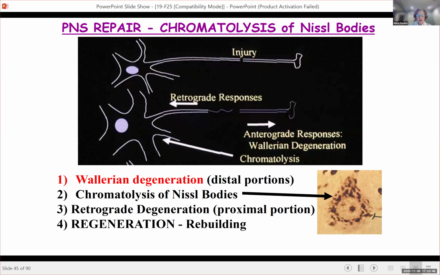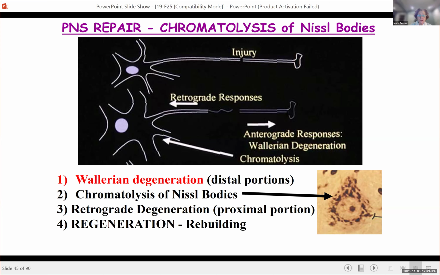There are also signals that come from the proximal stump and are sent to the cell body. And what happens at the cell body is a phenomenon known as chromatolysis. What is chromatolysis? Chromatolysis is the dispersion of the Nissl bodies. If you remember at the beginning of the lecture, I said that the Nissl bodies were groups of ribosomes.